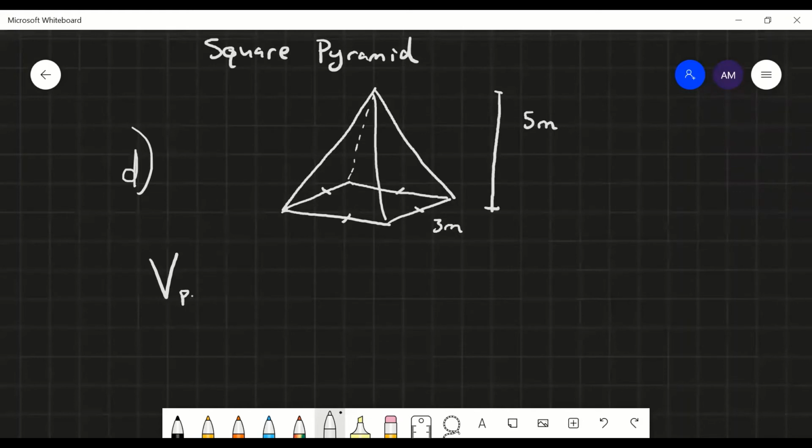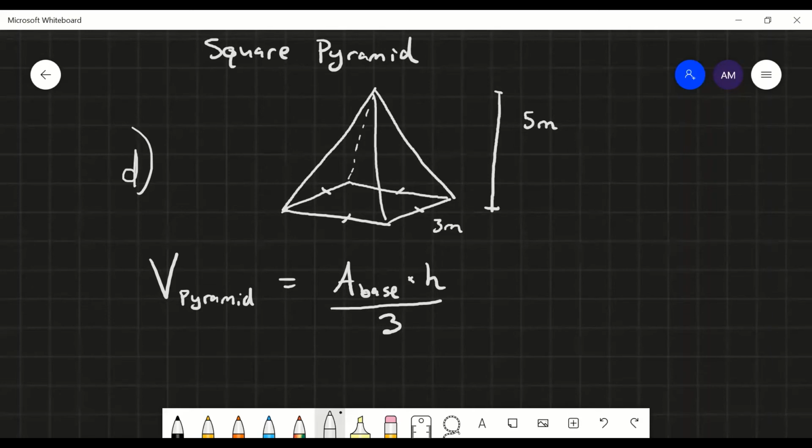The volume of a pyramid is the area of the base times the height, just divided by 3. That's the only difference between the volume of a pyramid and the volume of a prism. For a prism we do not divide by 3, but for a pyramid we do divide by 3.